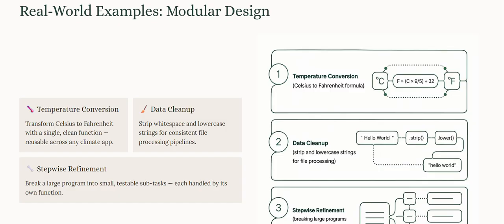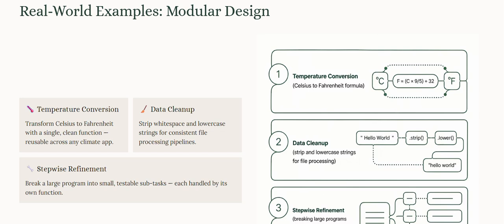Suppose you are building a system, like an app or a website, where you just put in some temperature and it converts the temperature from Celsius to Fahrenheit or something like that. A clear one-line function, a reusable block of code that can be used across any climate app.